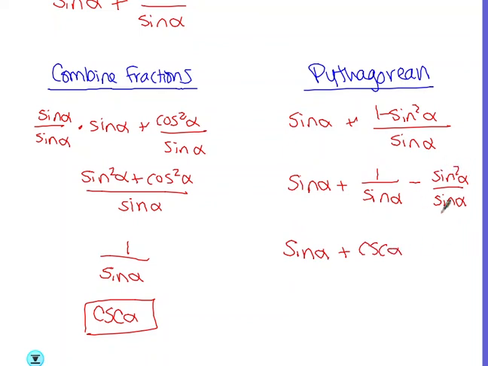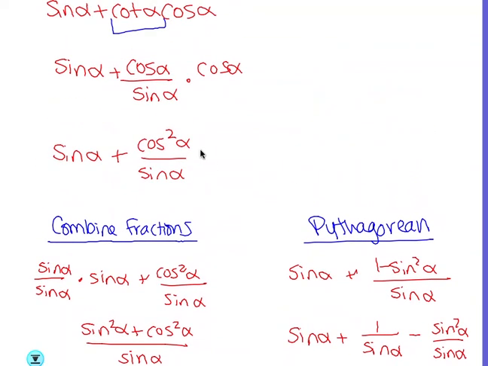Sine squared alpha divided by sine of alpha is just sine of alpha. So then I have sine alpha minus sine alpha, those cancel out, and I just end up with cosecant alpha. Regardless of what pops out to you in this expression here, if you continue simplifying, you'll still end up with the same answer.